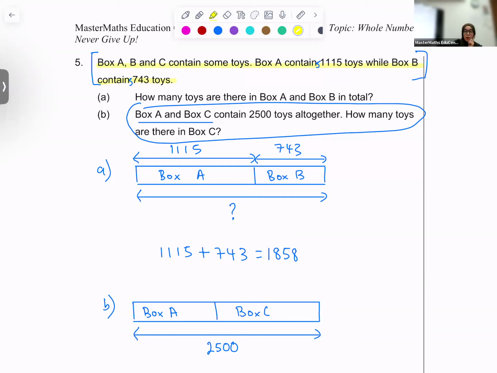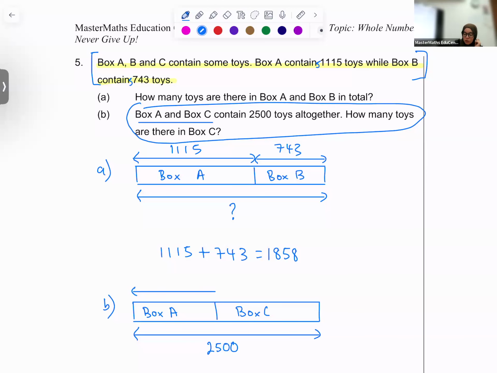Okay, so do we already know how many toys there are in box A? How many? And 50? Okay, very good. So 1,115, that is the number in box A.